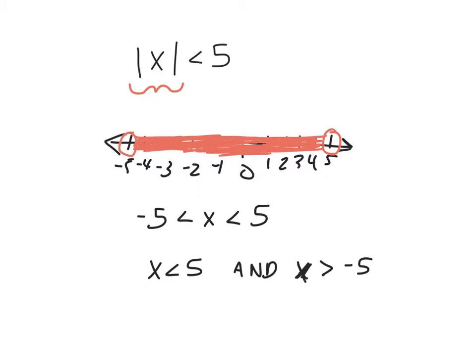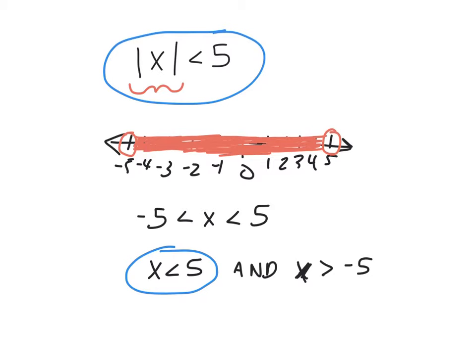Now, what's interesting is that just like our absolute value equations, we split the original inequality into two inequalities without the absolute value bars. In one of them, we simply write down x is less than 5, very similar to what's written up here. In the other one, we change the 5 to a negative 5, but notice what happens to the symbol.